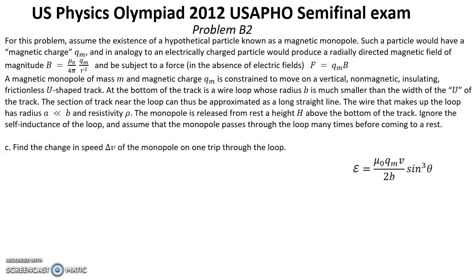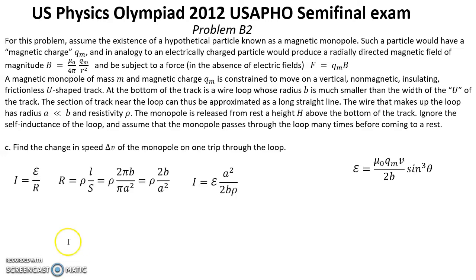Question C. Find the change in the speed delta V of the monopole on one trip through the loop. So first let's count the current through this loop. That's equal to EMF over total resistance.